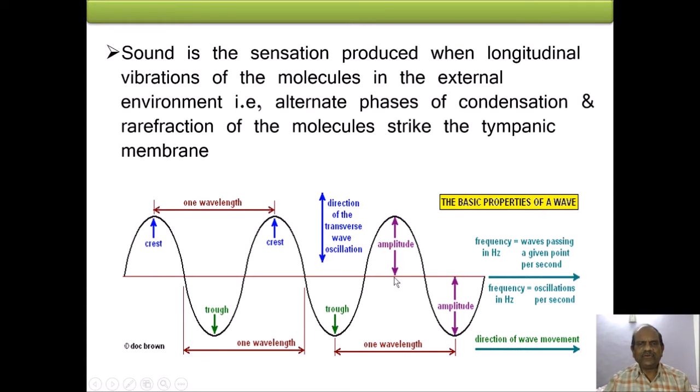Similarly, the height of the crest from this line is what we call the amplitude. What is the unit of sound waves? It is measured in units of frequency, that is, hertz, which means the number of waves passing a given point per second.